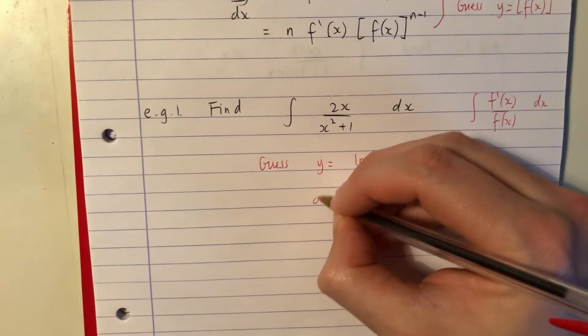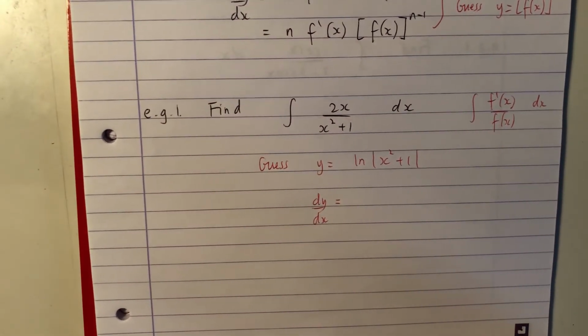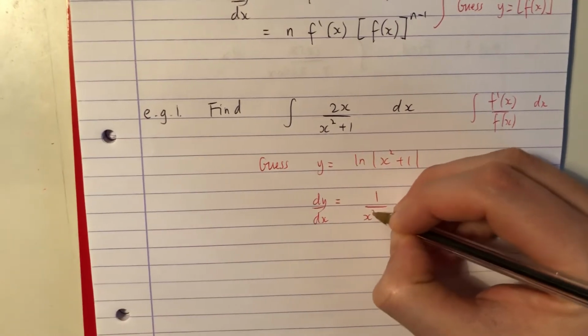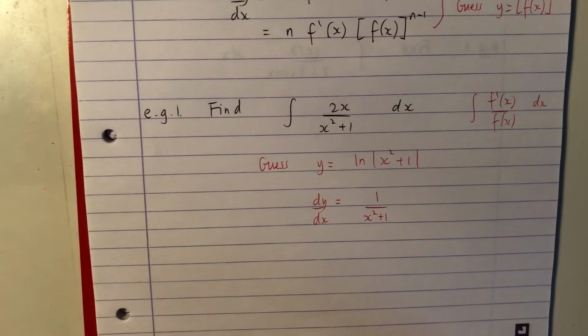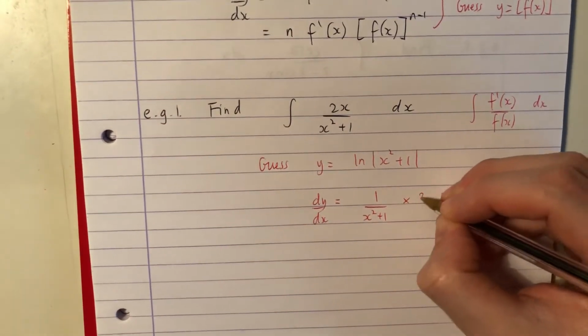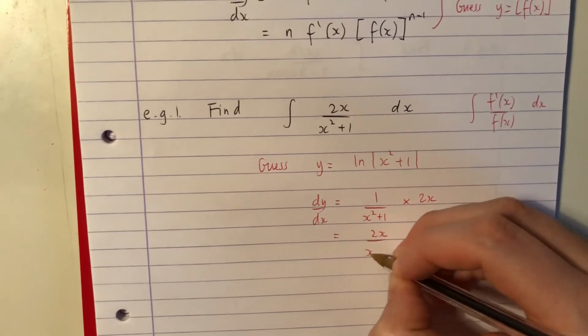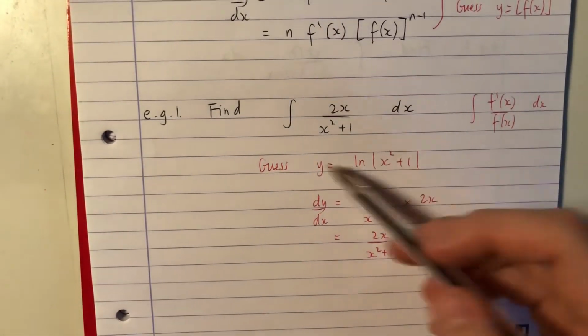See how bad the guess was? dy by dx. Okay, what does ln differentiate to? 1 over. But remember to times by the bracket differentiated. That's the chain rule. Times by 2x, which is 2x over x squared plus 1. And finally, this is actually the perfect answer.